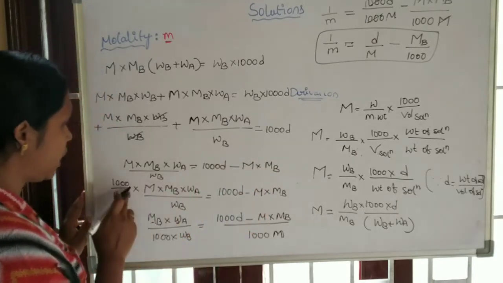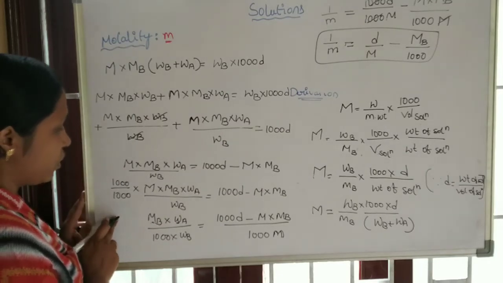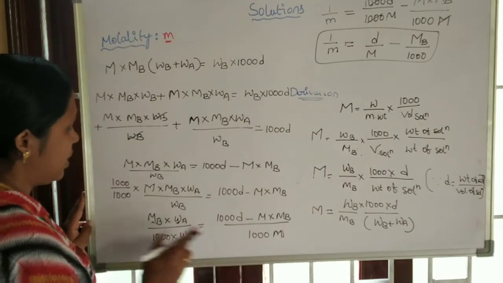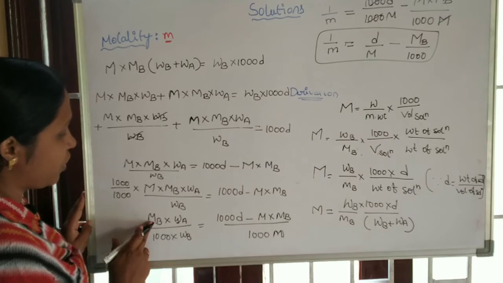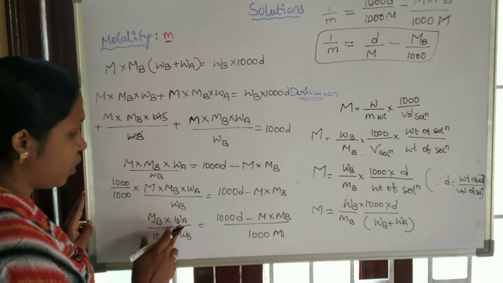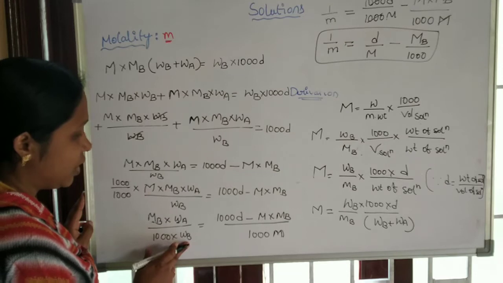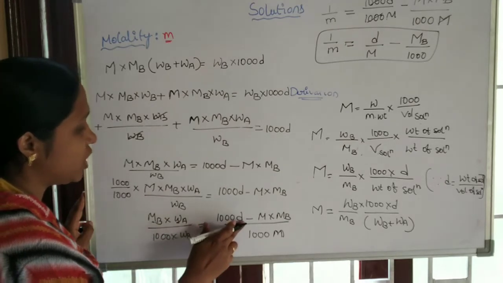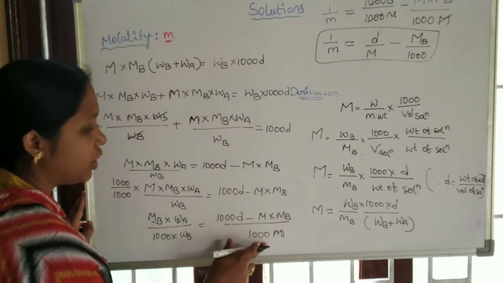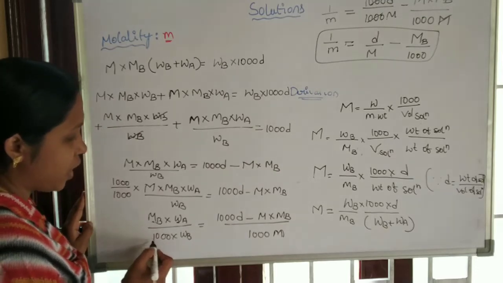After the equation, LHS is multiplied and divided with 1000. And 1000M here multiplied, coming here it will be divided. So finally we get molecular weight of solute into weight of solvent divided by 1000 into weight of solute, equal to 1000 density minus molarity into molecular weight of solute by 1000 M. This is the inverse of molarity.